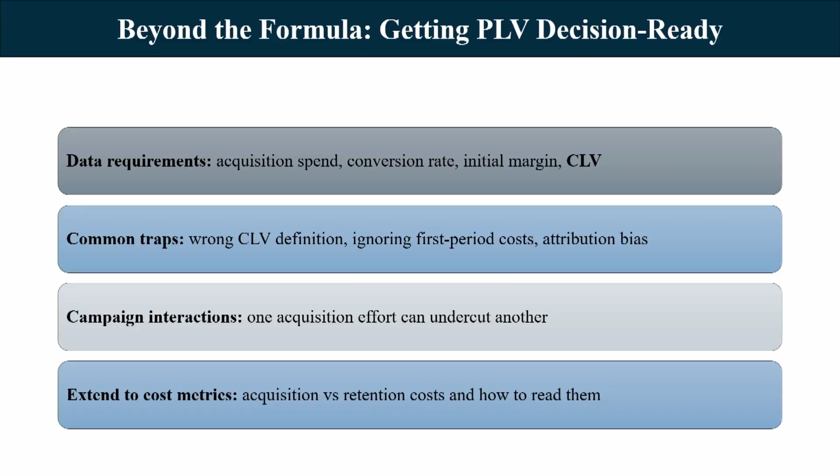Then initial margin is, at the first instance, at the first transaction, how much value an acquired customer creates for the business. And customer lifetime value is nothing but the present value of the future value that is expected to be created by a customer.